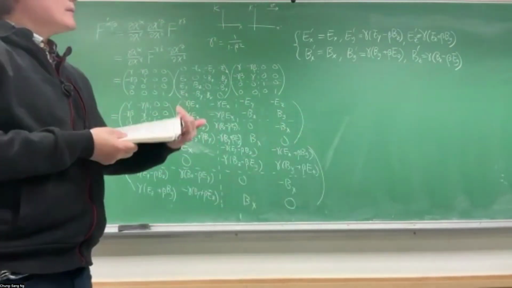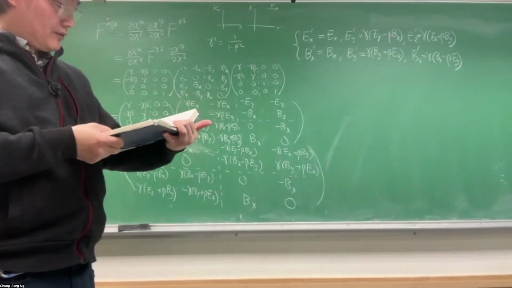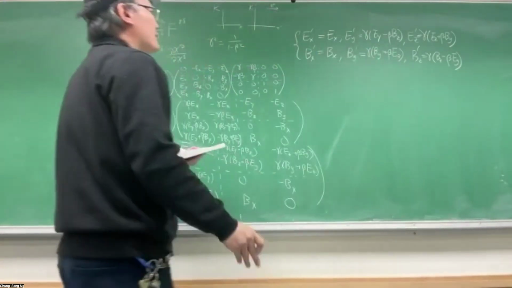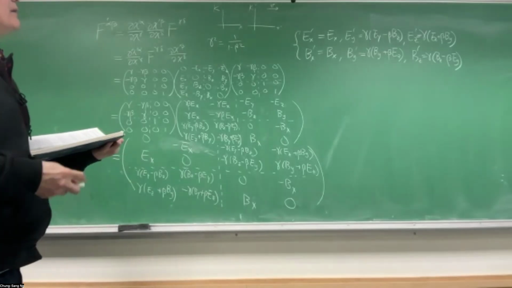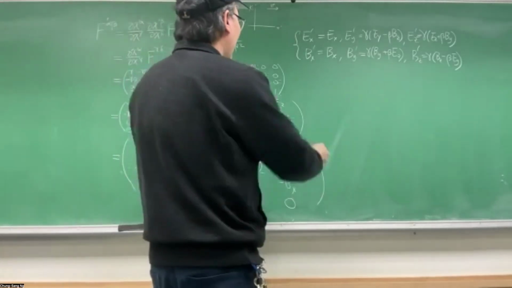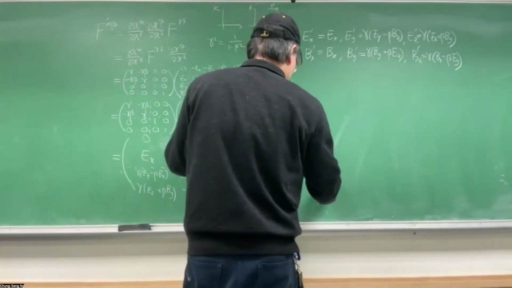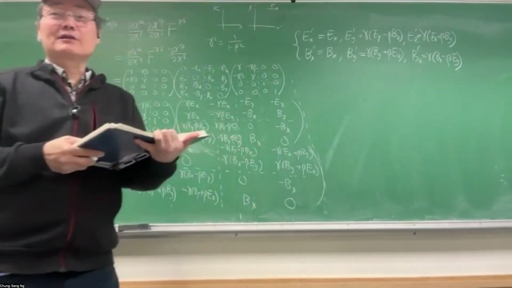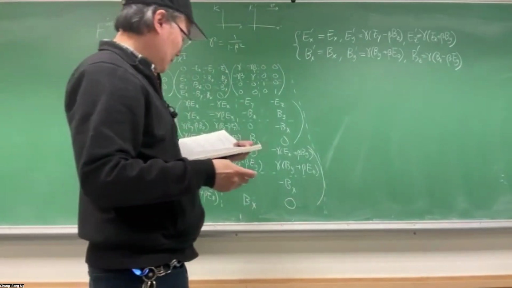And then Jackson has this formula in vector form. This is the component form, so you can transform the components accordingly, but you can also write this as a vector. This is a 3-vector, a spatial vector.